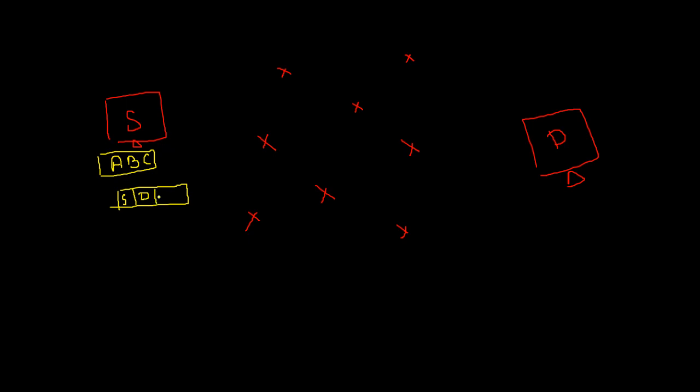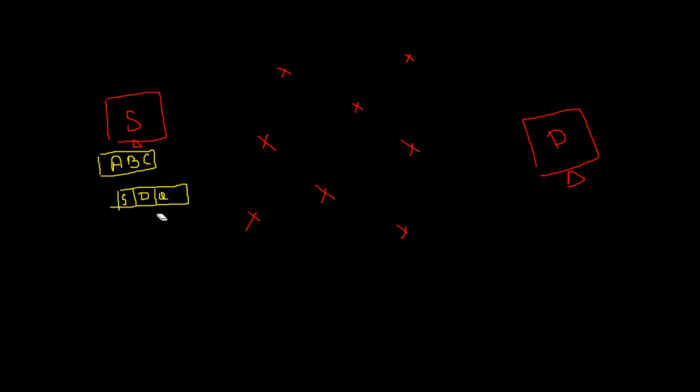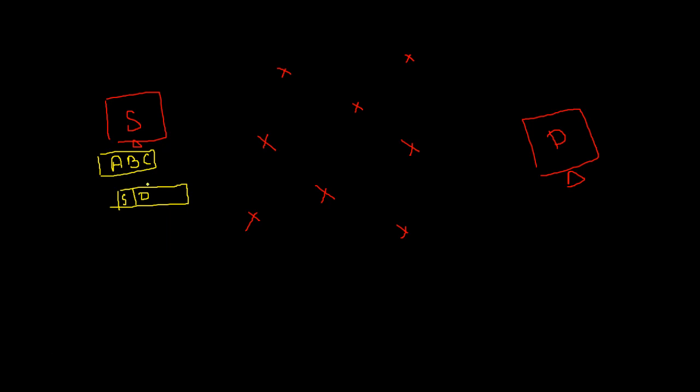And then it contains the sequence number, and suppose the sequence number of the first packet is 1. Then the message, that is A. So in this way the first packet is ready.